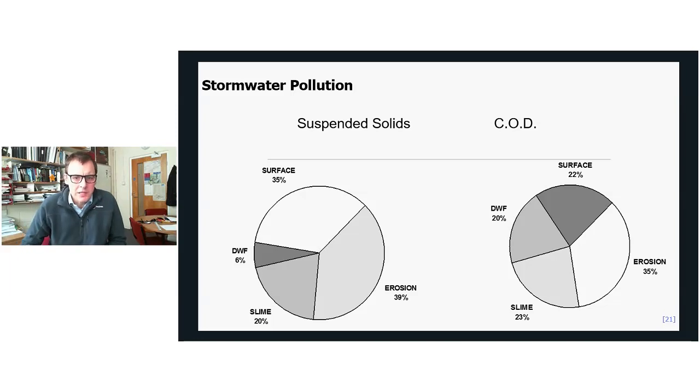What you see is that all those surface solids take up quite a large volume of the suspended solids. In terms of the pollutant load, it's relatively modest. So even during your stormwater event, only 6% of the mass of the sediments might be due to your foul flows, but they'll make up 20% of the pollutant load.